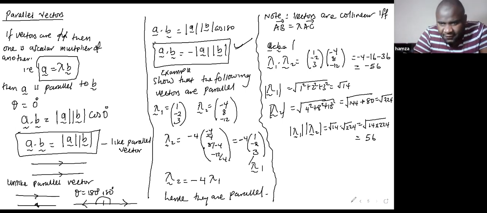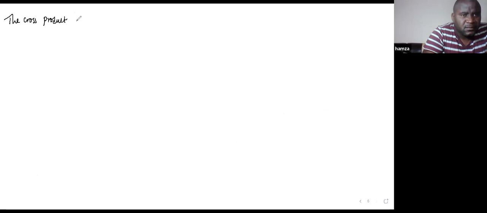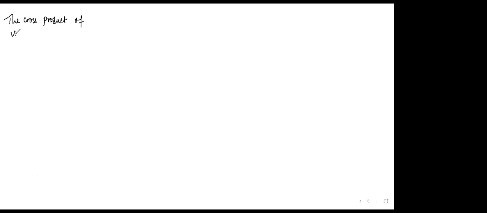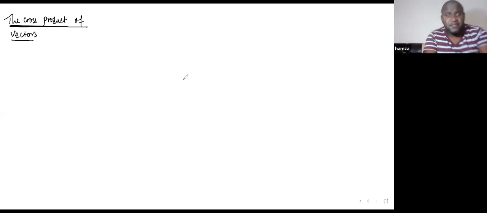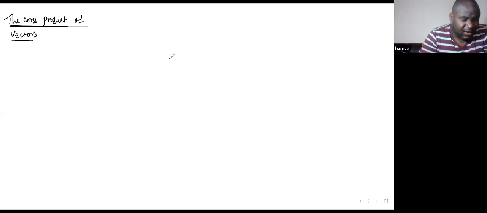Okay, so the last definition for today is what we are going to call the cross product of vectors. Now, the cross product of vectors comes from a definition of a 3 by 3 matrix whose determinant is to be got.